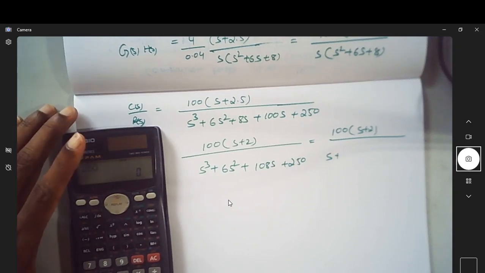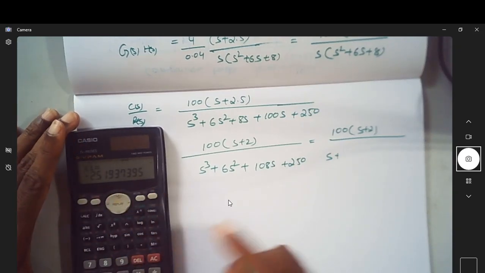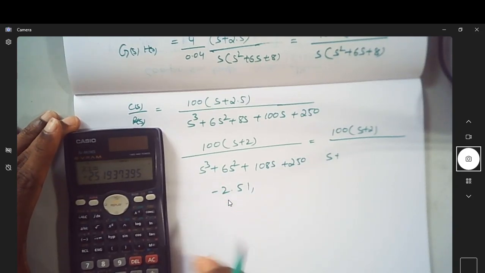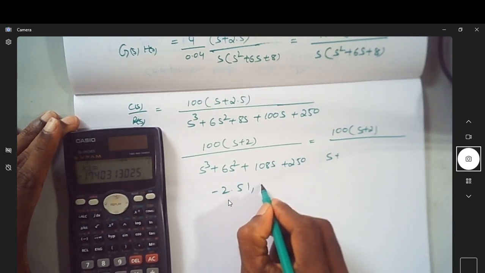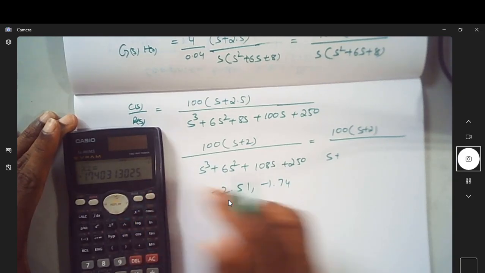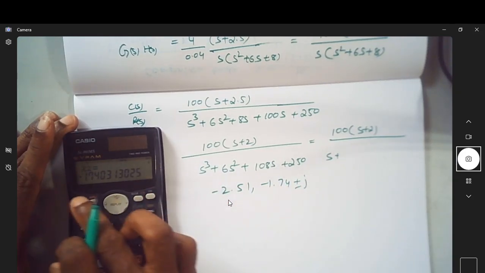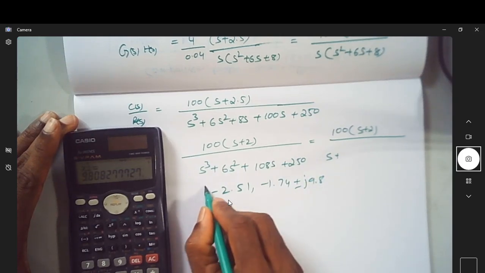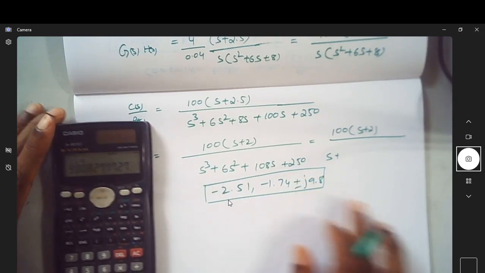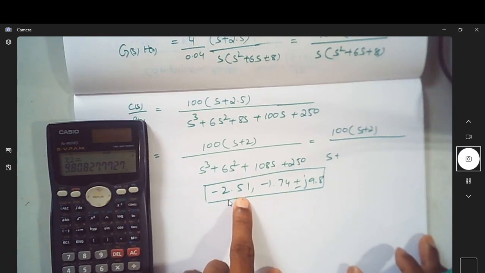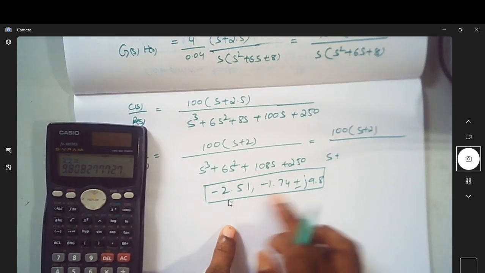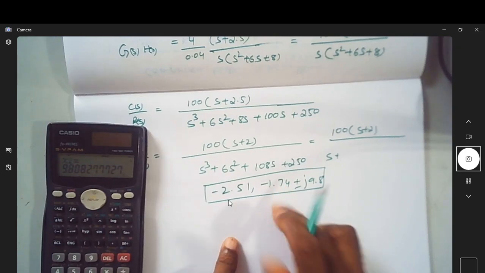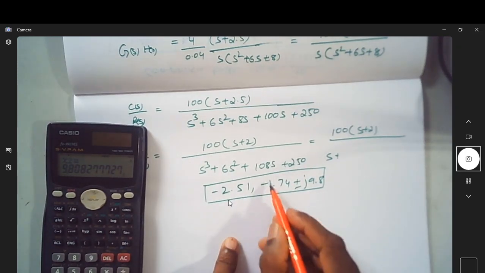Okay, the roots are minus 2.51 and the other one is minus 1.74, which is a complex one, plus or minus j 9.8. So these are my three roots. Two are complex, one is on the real axis. If you see, this is the one having the lesser real value, so this happens to be my dominant pole.